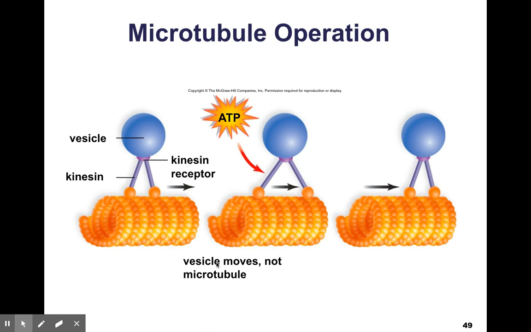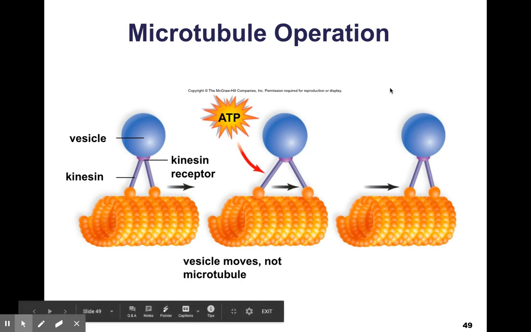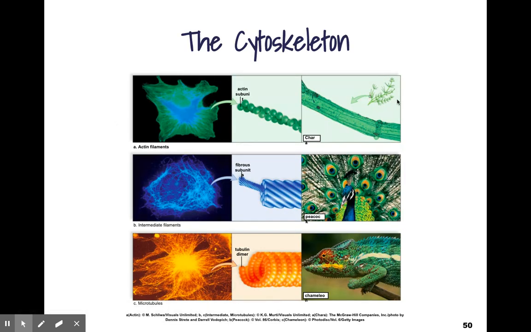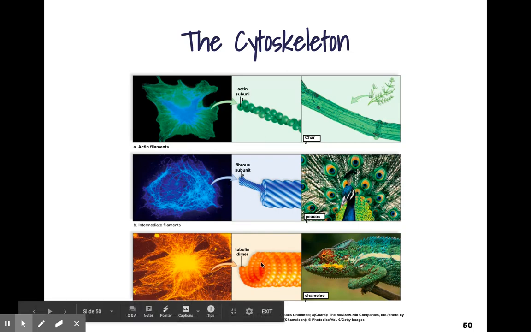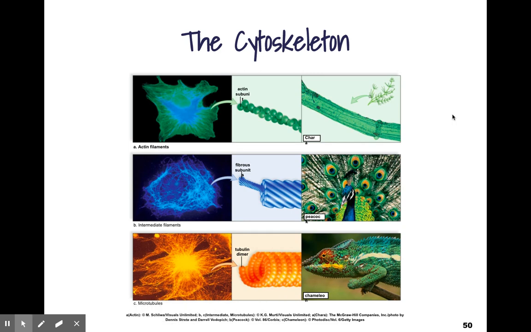So the vesicles move, not the microtubules. Once again, here's our cytoskeleton. We have the actin filament, the intermediate filament, and the microtubules. All you need to know for these is that they aid in the structure of the cytoskeleton.